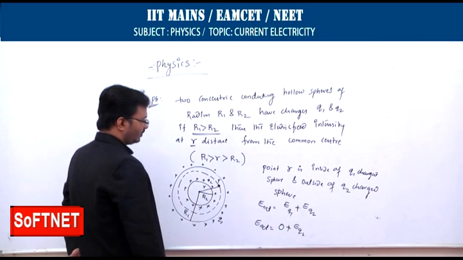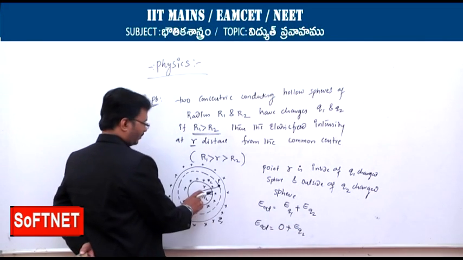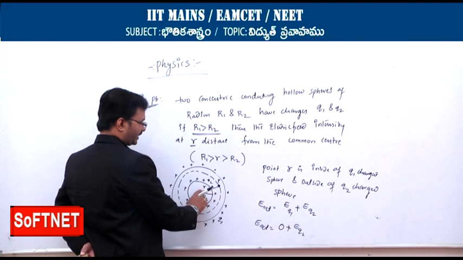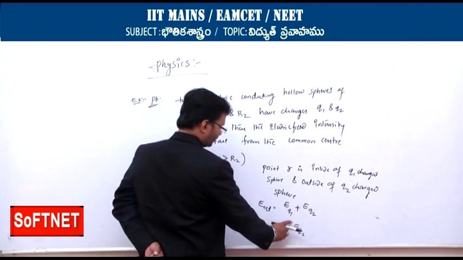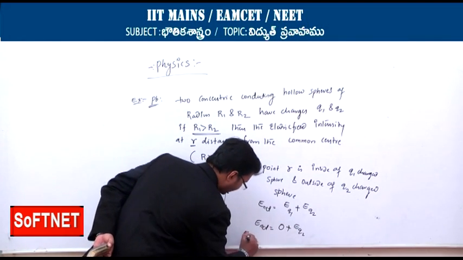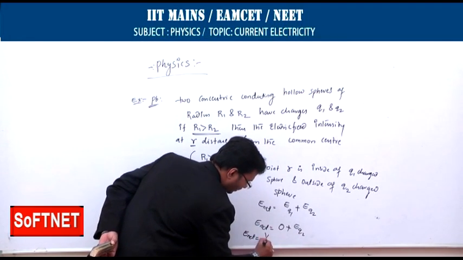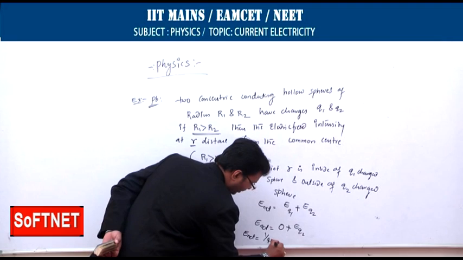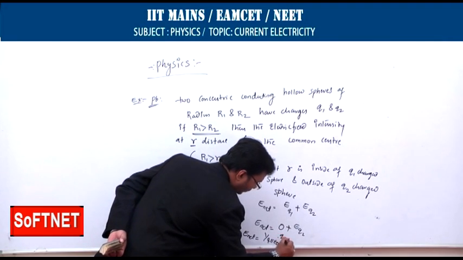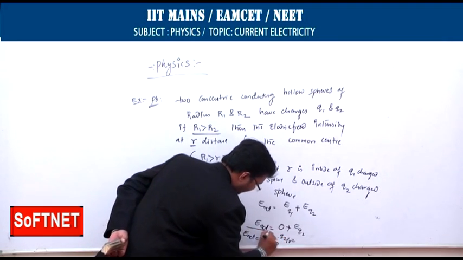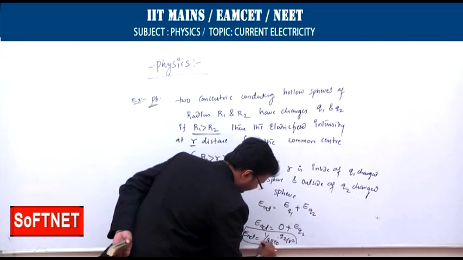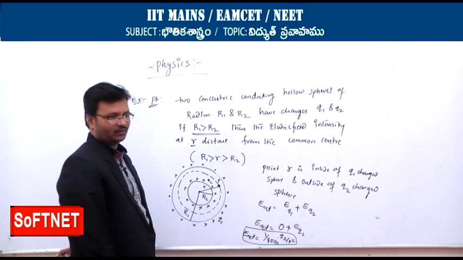Now, already we know the formula: for a point outside a charged spherical shell, we have the formula. So, apply that. Now, E net is equal to, what is E due to Q2? 1 by 4 pi epsilon naught Q2 by r square. Just now we got it.